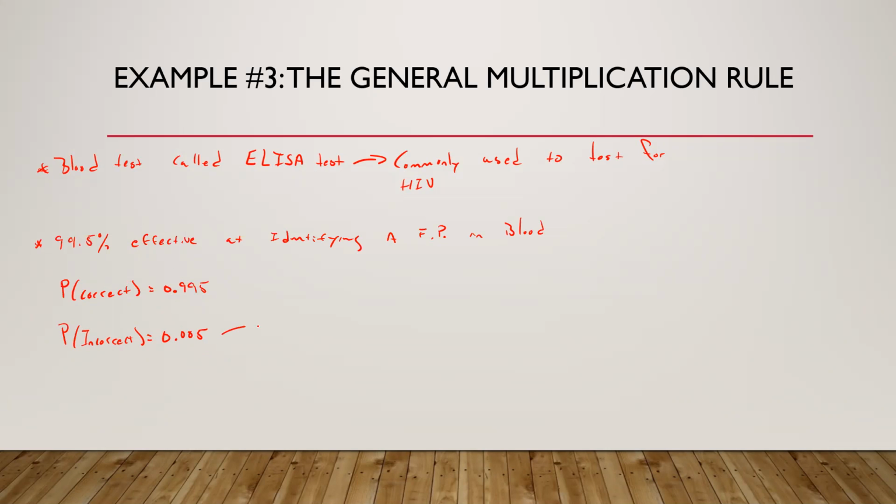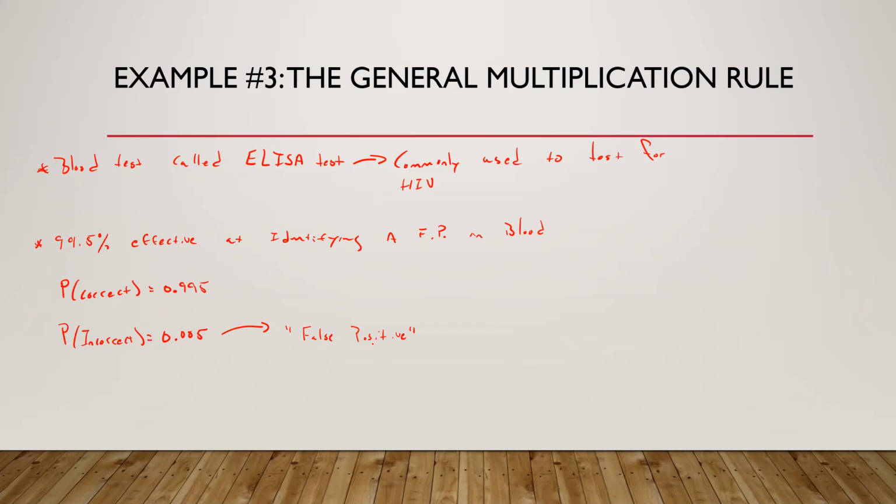Incorrect in terms of this test is what they call a false positive. It's really hard to actually know what the real value of a false negative is. But what's a false positive? They say it's positive, but it's not. So for the context of this problem, let's just pick HIV.